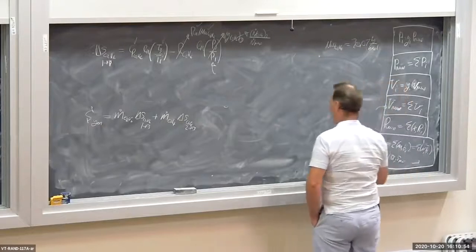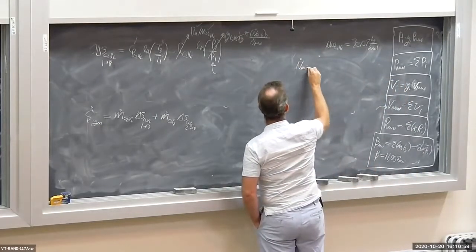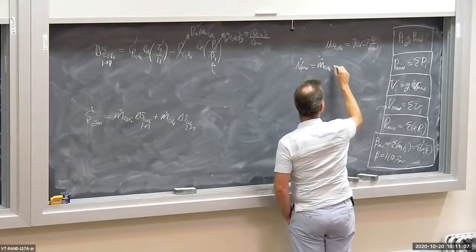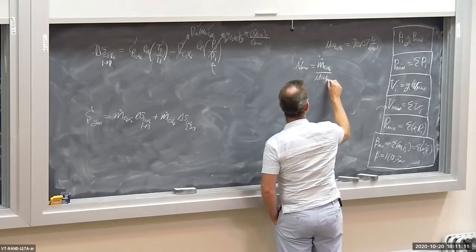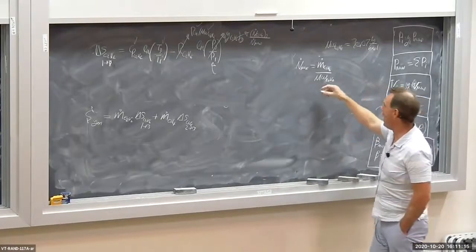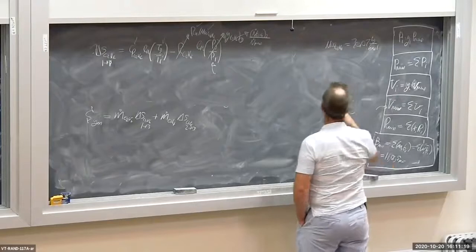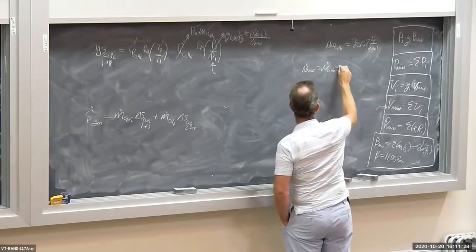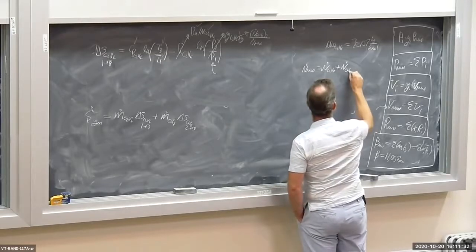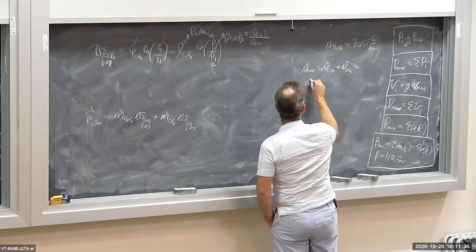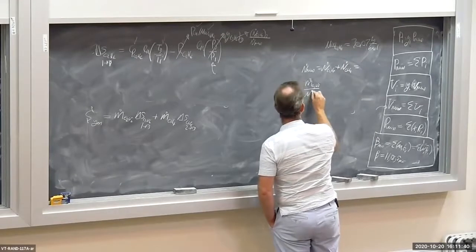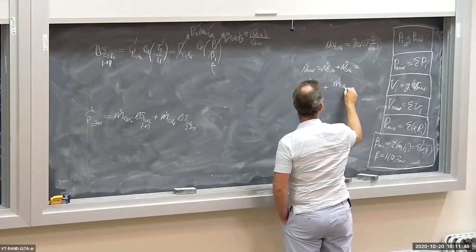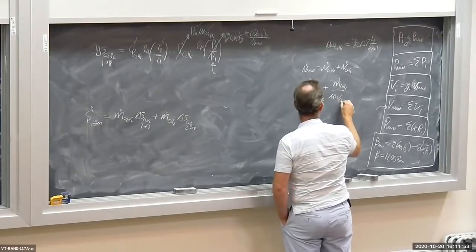N dot mix is equal to N dot C2H6 plus N dot CH4 at the outlet, which is equal to M dot C2H6 divided by the molecular weight of C2H6 plus M dot CH4 divided by the molecular weight of CH4.